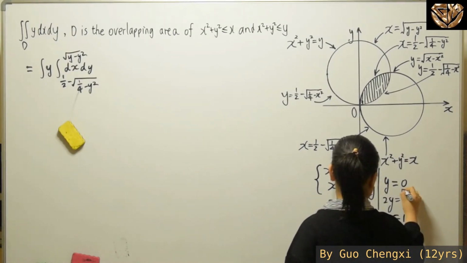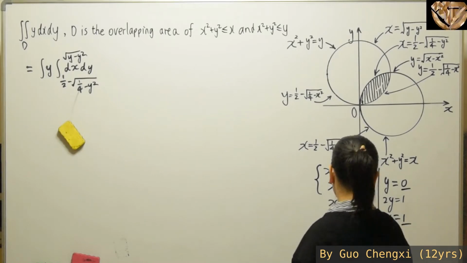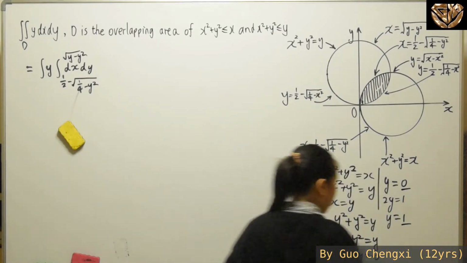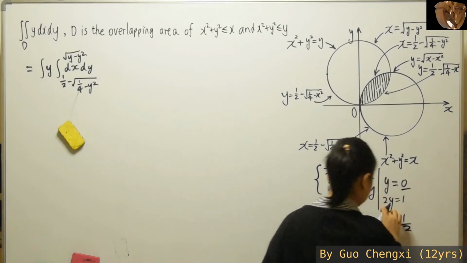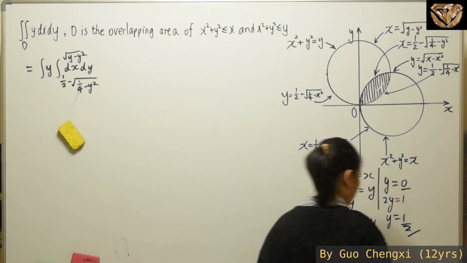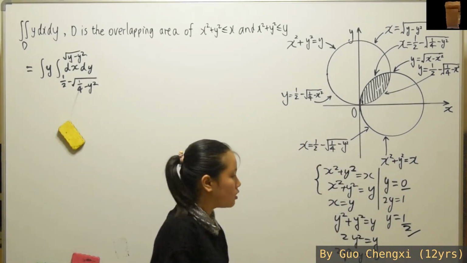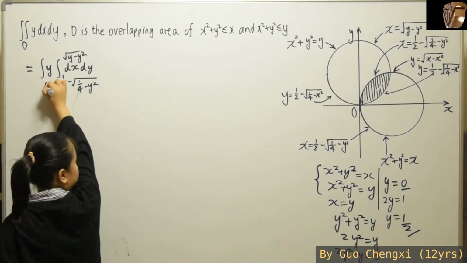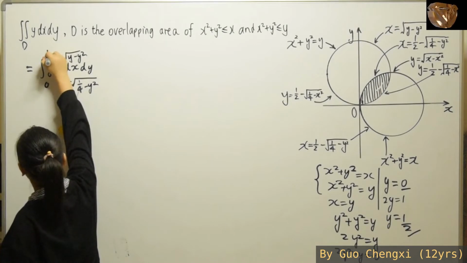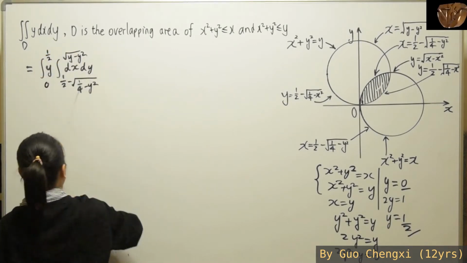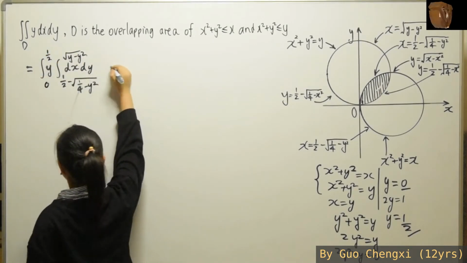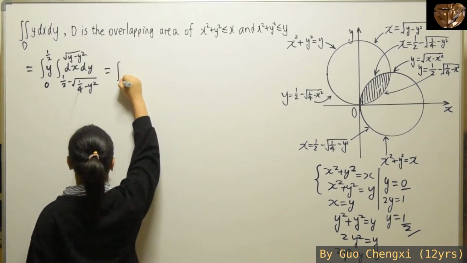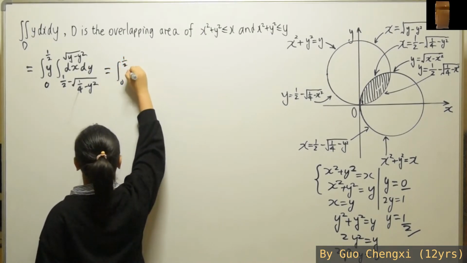So over here we either have y equals 0, or y equals half. So it will be from 0 to half. That's our range for y. So now we can integrate for dx already. When we integrate for dx, it's going to be like this.